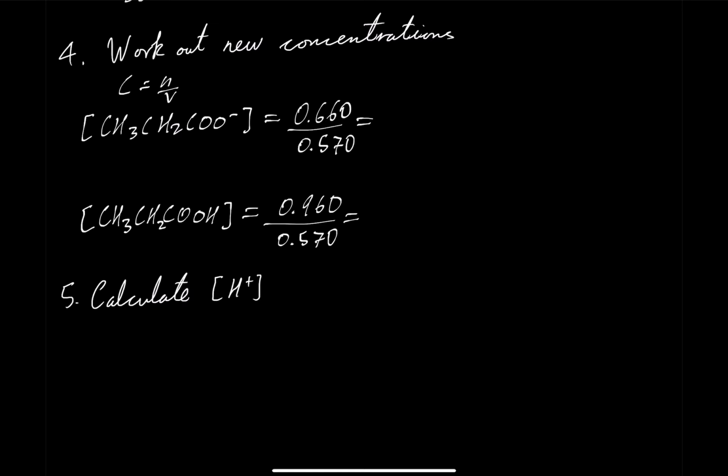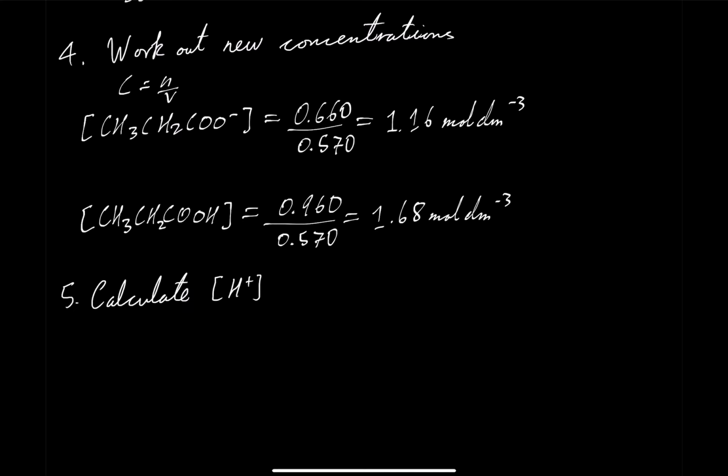Forgive me for that one. 0.66 over 0.57 is 1.16, and 0.96 over 0.57 is 1.68. Sorry, did I say moles? I meant moles per dm cubed. That's our concentration now.